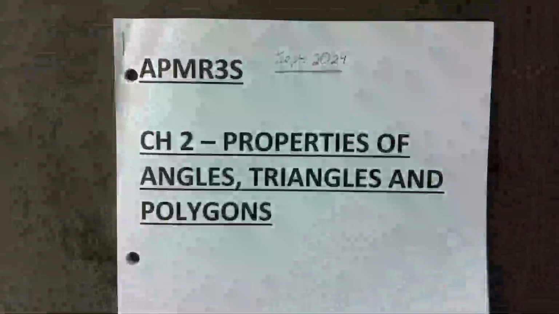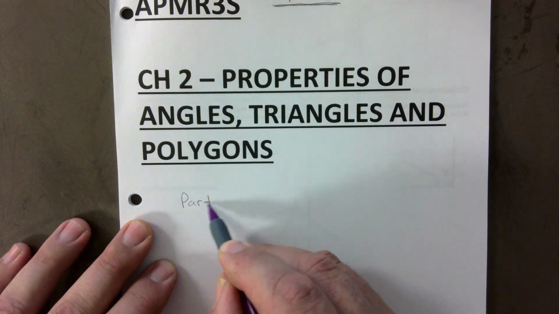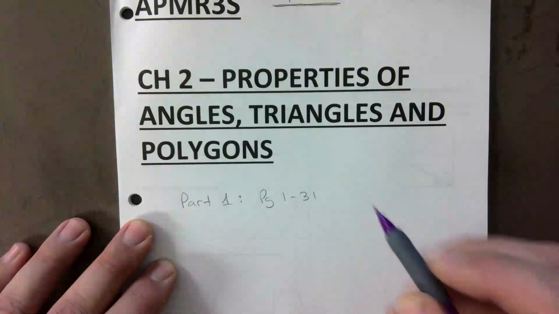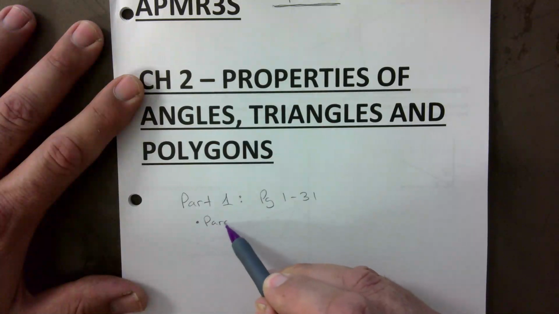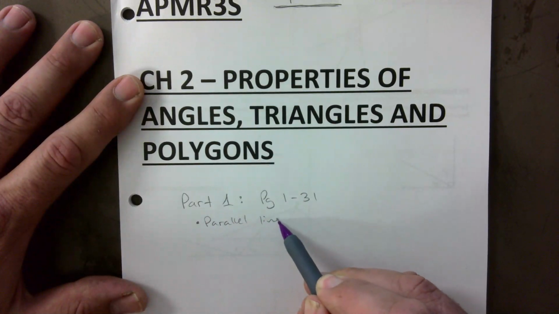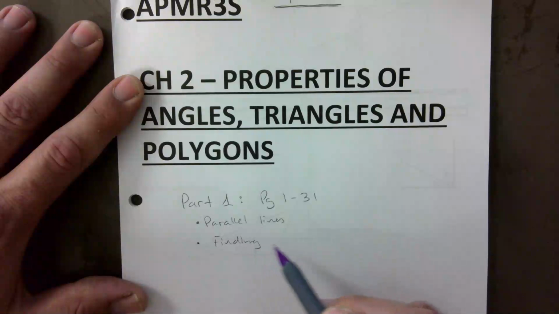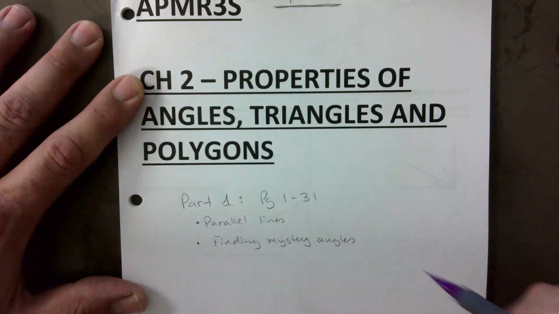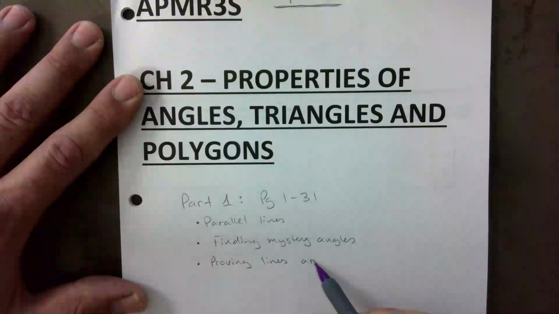So let's go to the front of the booklet. Part 1, pages 1 to 31. And this entails parallel lines, finding mystery angles, and proving lines are parallel.